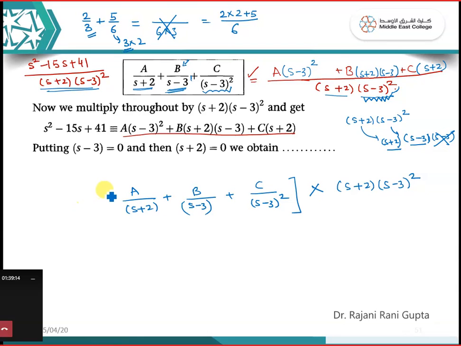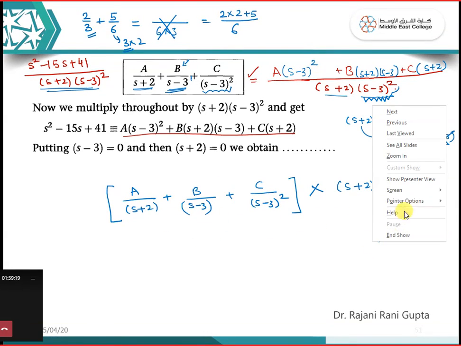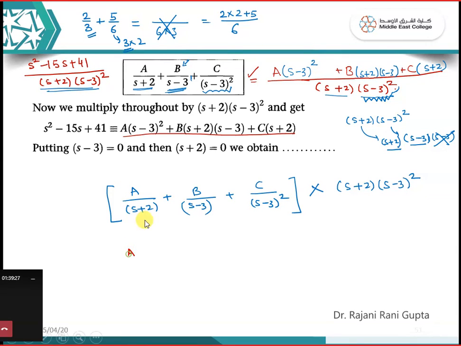So when you are writing for A, s plus 2 cancels, so you are left with (s minus 3) power 2, plus.